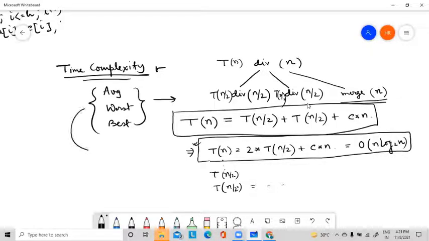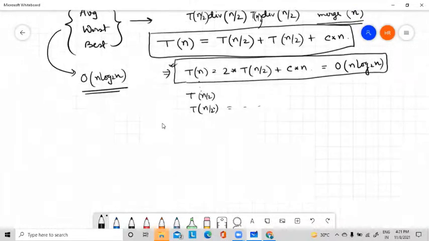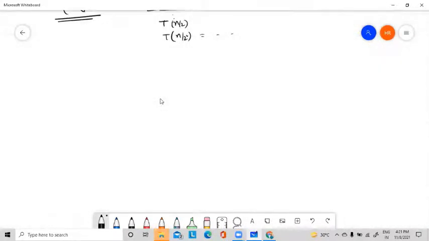So in case of merge sort, the time complexity in all the cases, average, worst, best, is n log n. Okay, so this is all about merge sort. If you have any query, you can ask me. Otherwise I will move forward to our next sorting, which is very interesting.